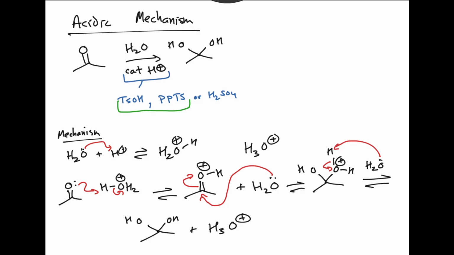The reason I get to use two waters in my mechanism is that, remember, water is going to be in large excess because I need extra water to push the reaction towards being a hydrate. So I just have a lot of extra water laying around.